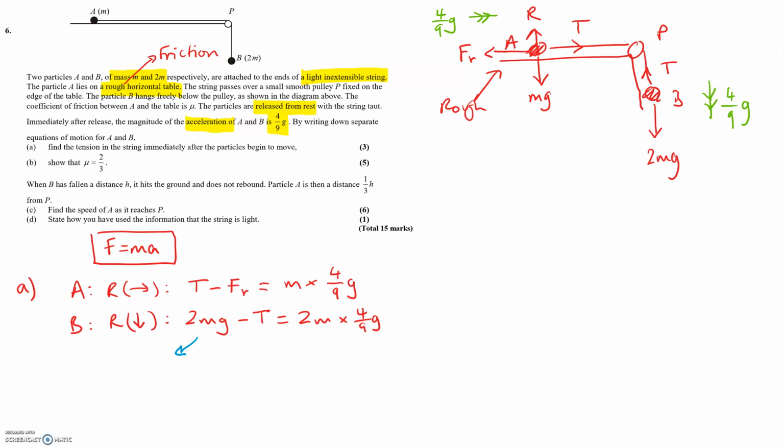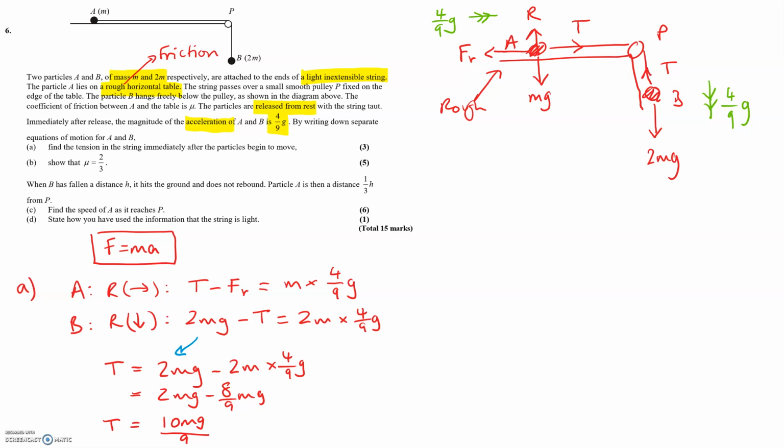So I will get T equals 2mg minus 2m times 4/9 g, which is 2mg minus 8/9 mg. So I get 10mg over 9. So that's our answer for T, the tension.